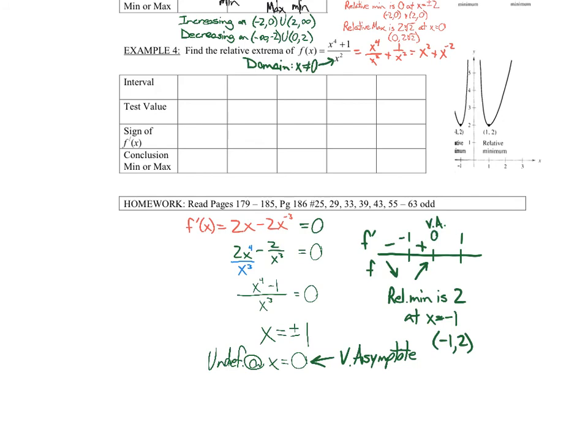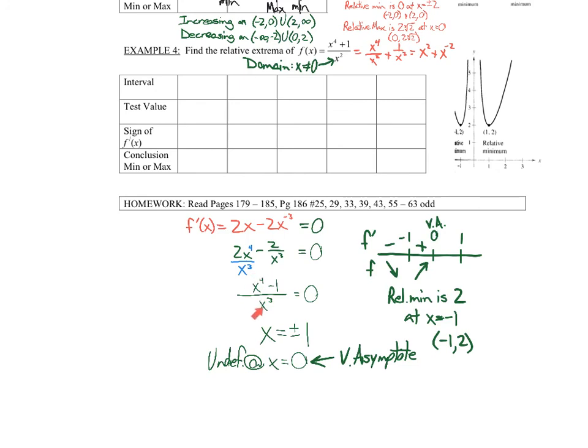Well, let's see. I know I don't have one at the asymptote, for sure. So let's look at the other side of the asymptote. If I plug a half into my first derivative, a half to the fourth is positive 1/16, but -1 is negative, and the cubed term stays positive.